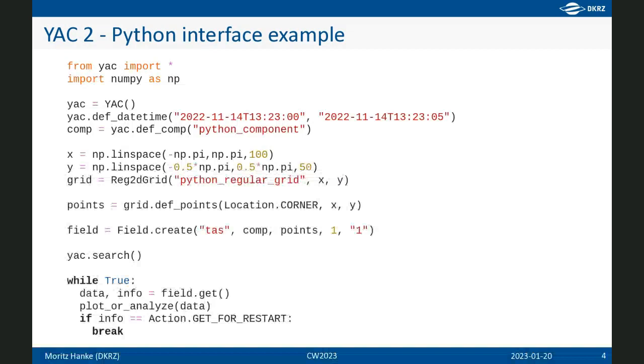Here's a little Python example that is the whole code that you need, and it runs perfectly fine. It starts by registering itself in YAC, generating a regular local grid, defining a field called TAS, starting the weight generation and the setup of the internal data structures, and then it receives this data and plots or analyzes the data until no further data is provided.